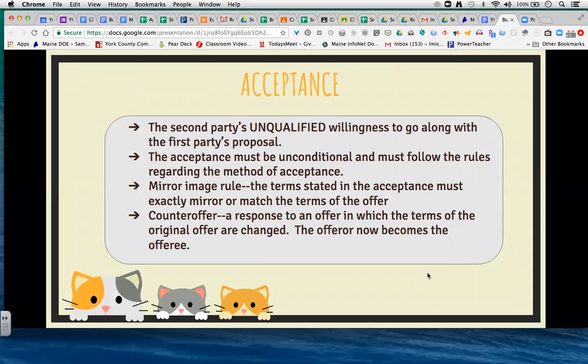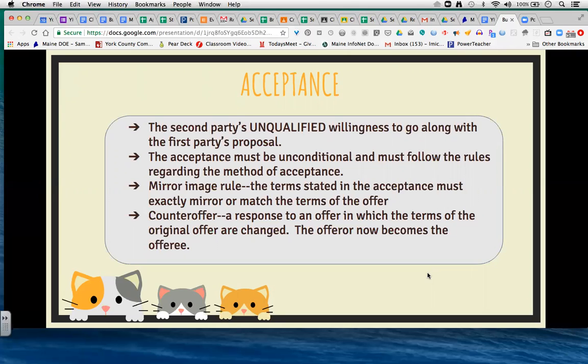Acceptance. Acceptance is the second party's unqualified willingness to go along with the first party's proposal. The acceptance must be unconditional and must follow the rules regarding the method of acceptance. There is something that is referred to as the mirror image rule. The terms stated in the acceptance must exactly mirror or match the terms of the offer.